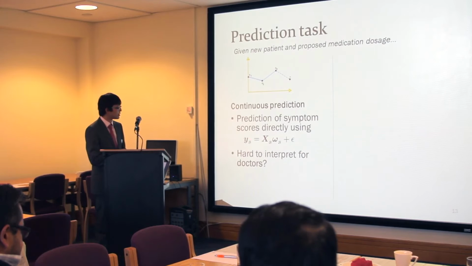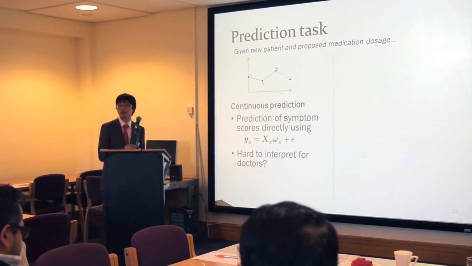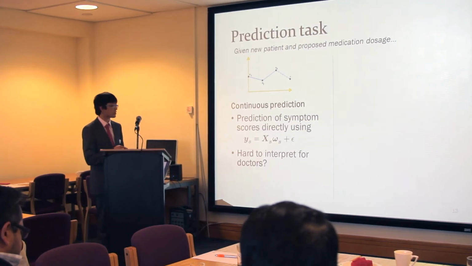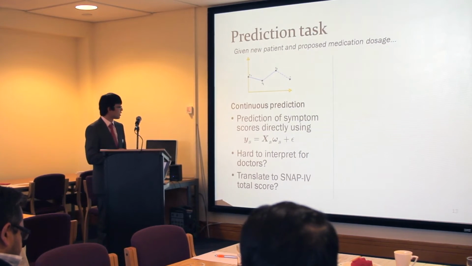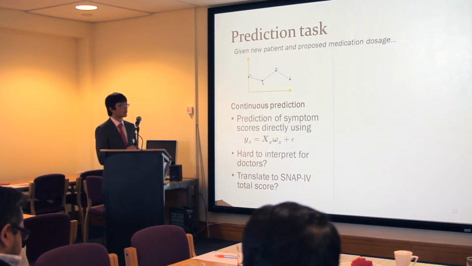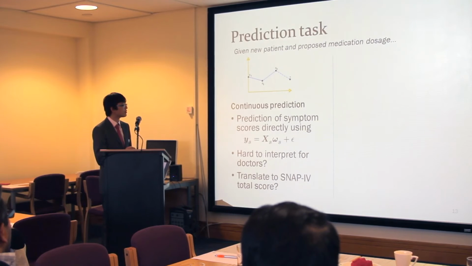But this symptom weighting is a continuous score, so it may be 1.6 or something. An alternative is to translate this back to something they know, for example, the SNAP score. But we don't know how accurate this translation is, though it can be done. I have a model that does this.